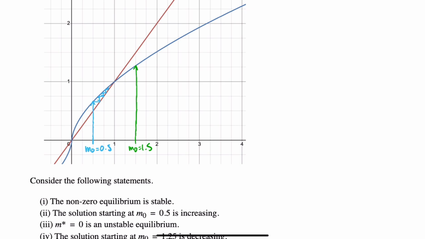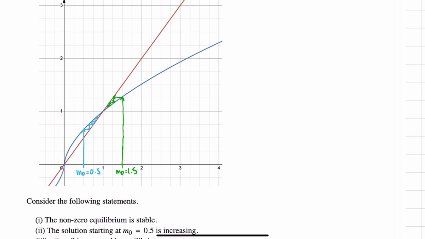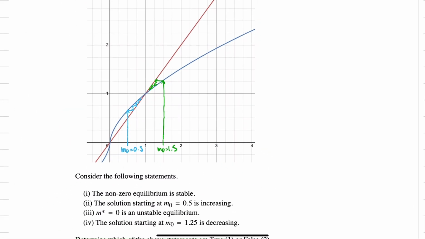The way we do that is by going left. Then you go down to the updating function, left to the diagonal, down, left, down, and so on. As you can see, we are moving closer to the non-zero equilibrium as well. From both sides, we are moving closer, and so therefore it is stable.